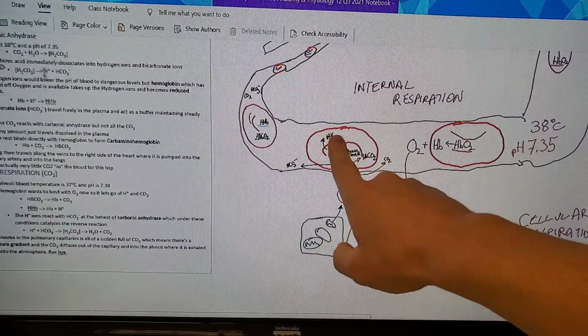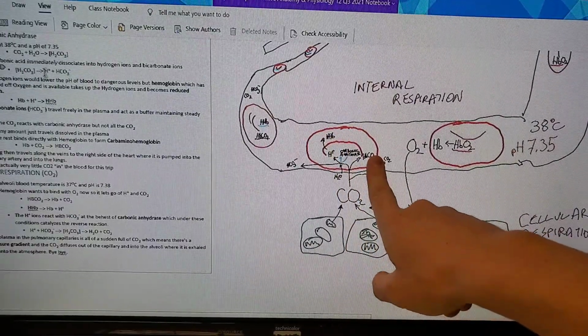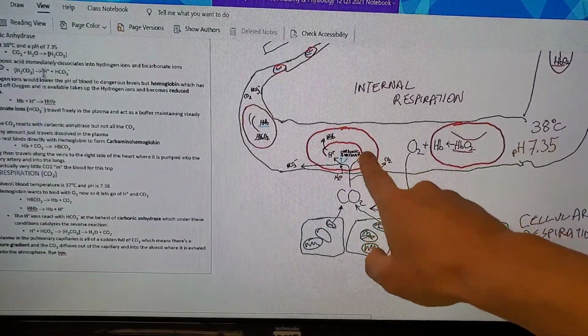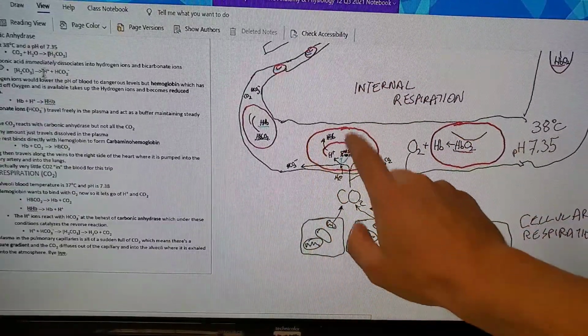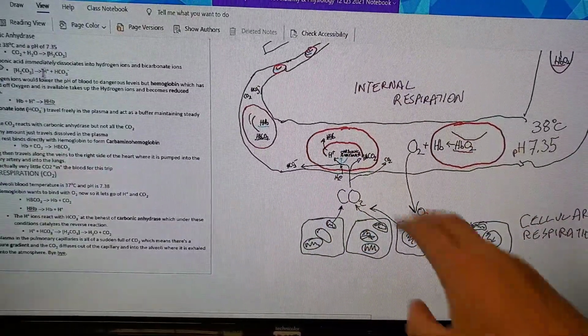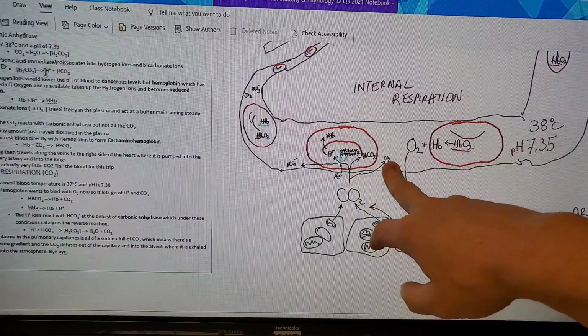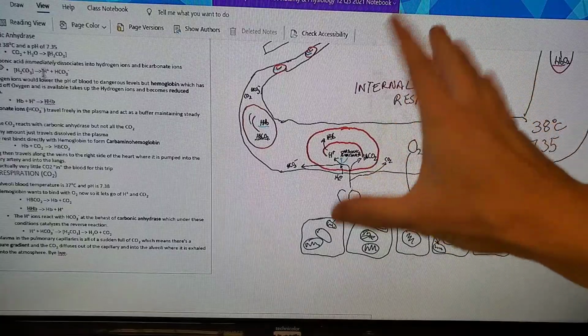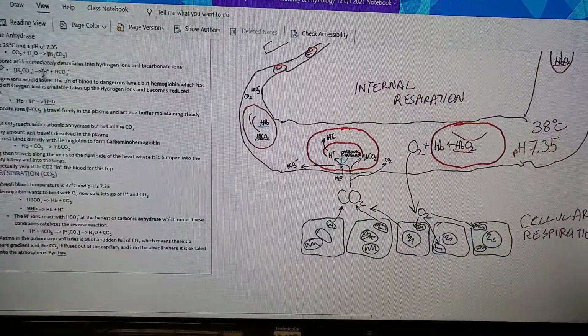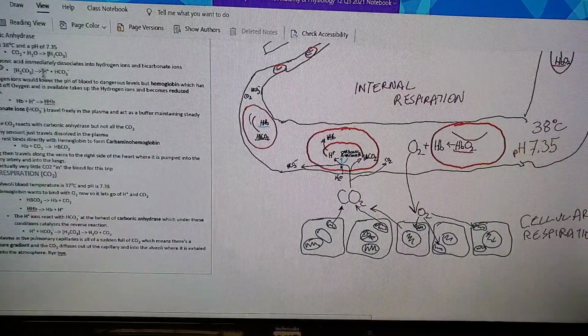So you've got reduced hemoglobin, carbaminohemoglobin. Okay, that's all that enzyme, that's all that protein on the surface of the red blood cells. And then some of the CO2, a small amount, just travels in the blood as CO2, just dissolved in the blood. So that is all the ways that CO2 gets carried.